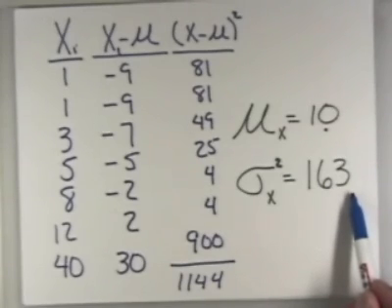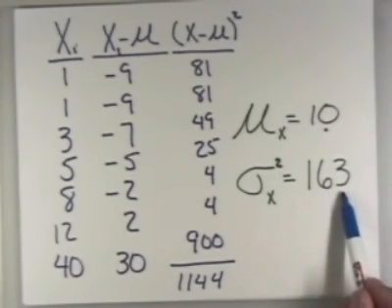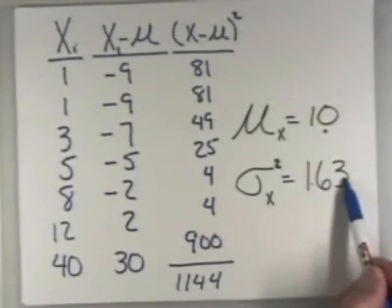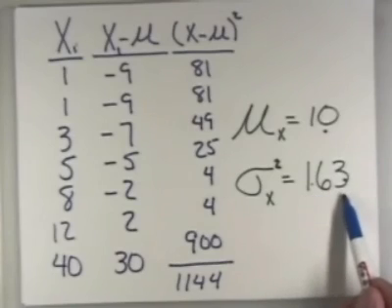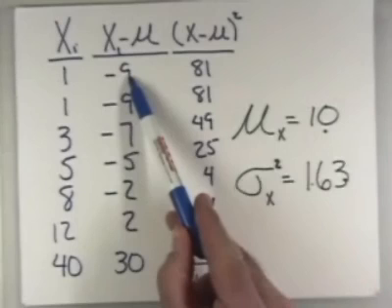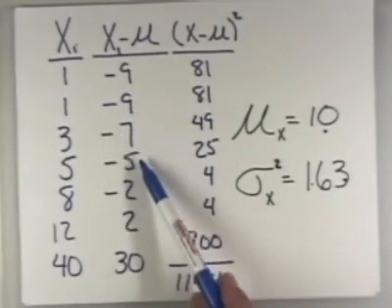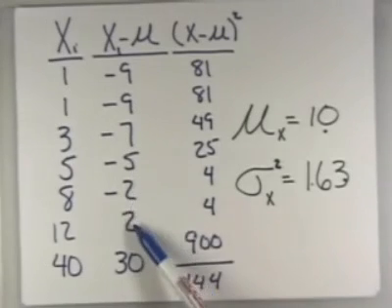The boss, if she doesn't or he doesn't know statistics, might look at this and say, that's an awfully hard number. Average variation of 163. Maybe the boss says, well, what's the individual variability from the mean? We come back here and we say, well, the individual variability was 9, 9, 7, 5, 2, 2, and 30.